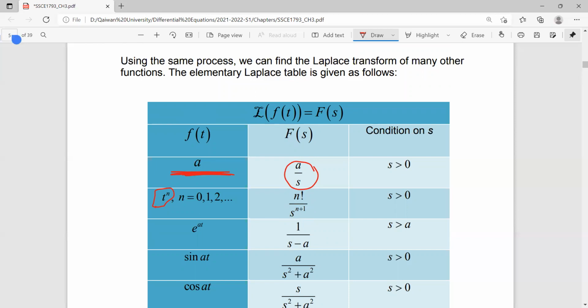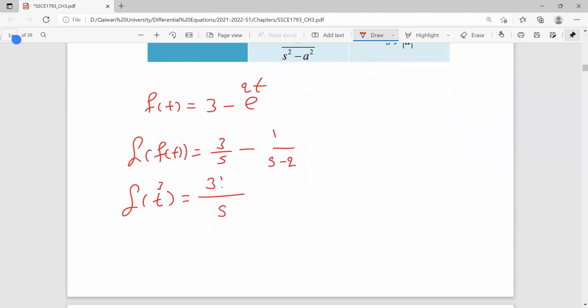The exponent of t is 3. We just add 1 to the exponent 3. Here, s to the power 3 plus 1. That's all. It equals 3 factorial, which is 6, divided by s to the power 4. This is the Laplace transform of t to the power 3.